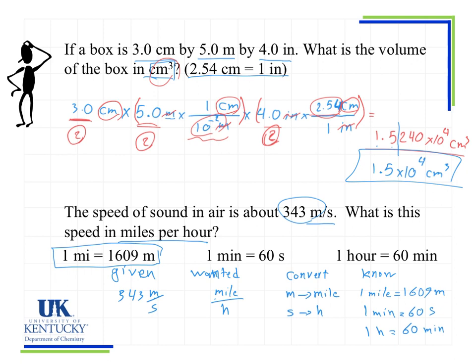Always start with the given. When you have a unit in a ratio form like this, like meter over second, gram over cubic centimeter, kilogram over liter, or whatever, you can sometimes take that as a conversion factor, or you can write it like this: 343 meter in 1 second.